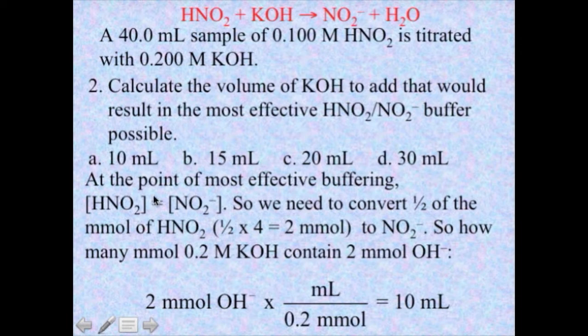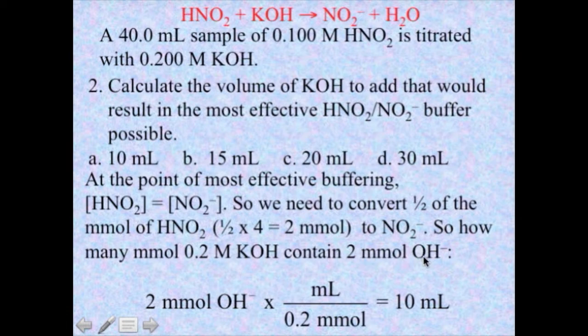So here we go. At the point of most effective buffering, nitrous acid concentration equals the nitrite ion concentration, the conjugate base. So we need to convert 1/2 of the millimoles of nitrous acid, 1/2 of 4 millimoles, 2 millimoles, into nitrite ion. So how many milliliters of 0.2 molar potassium hydroxide will contain 2 millimoles of hydroxide?